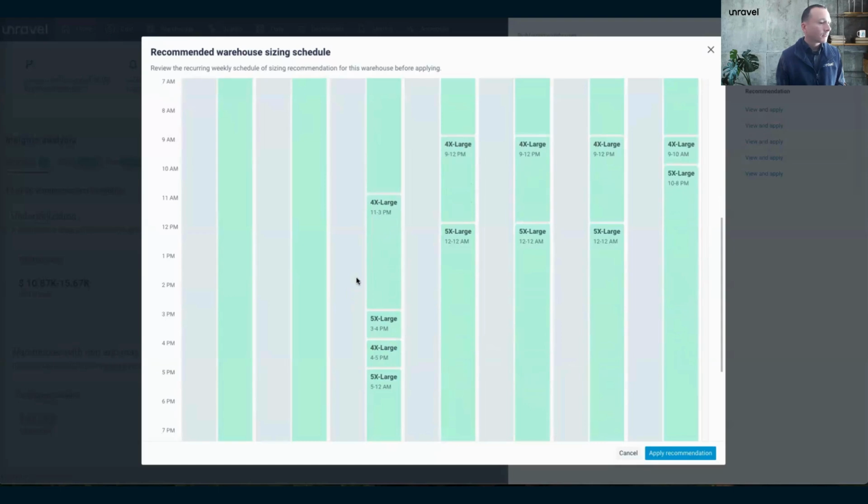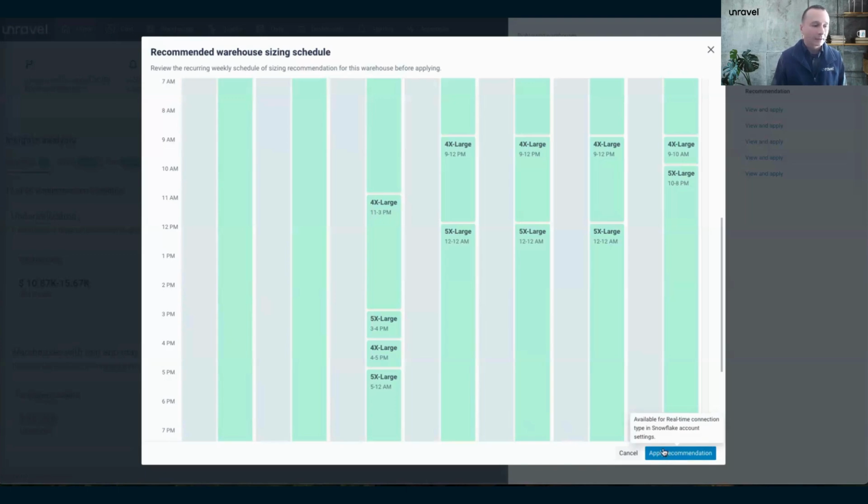But over here on Tuesday, we noticed that you didn't leverage all of the resources in that 5x large. There's an opportunity here, if you just downsize, if you just chose a smaller t-shirt size, for cost savings. And so we're giving you that here in a scheduled format where you can actually one click apply those recommendations, right?